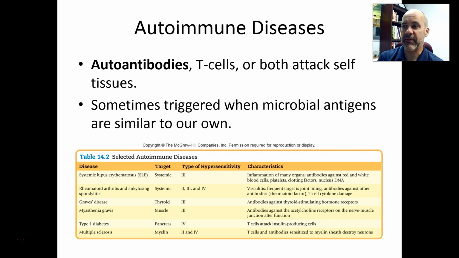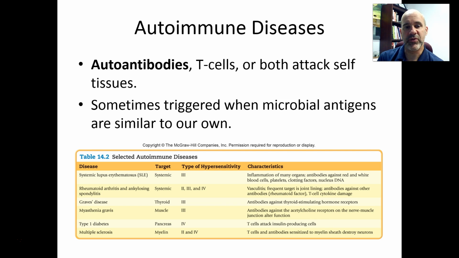A really good example of that is, I don't see it on the chart over here from your textbook, but if you've ever heard of somebody developing rheumatic fever due to a strep infection, so Streptococcus pyogenes causes strep throat, and in some cases, there are molecules, antigens on Streptococcus pyogenes bacteria that look very similar to molecules on your heart valves.